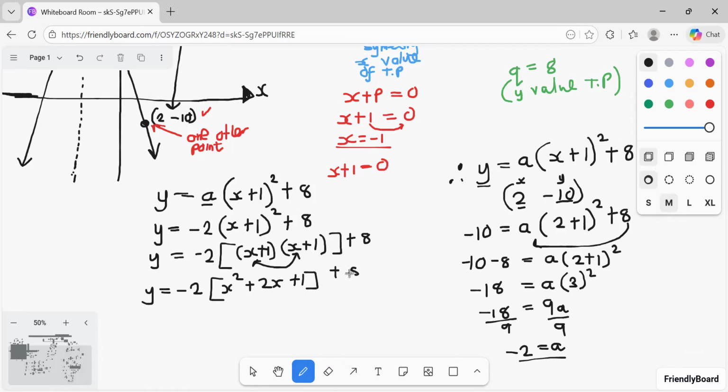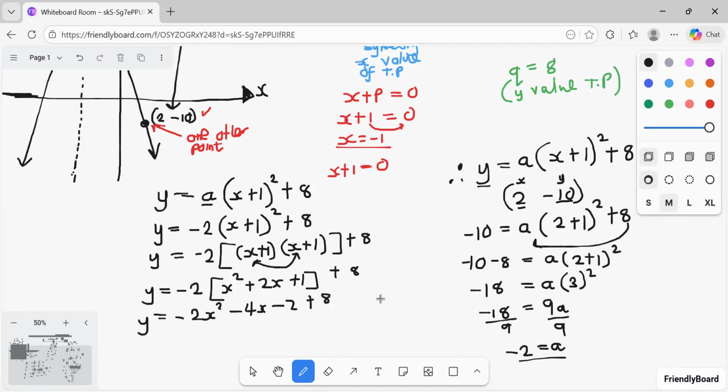Now I'm multiplying that bracket with the negative 2. So this becomes y is equal to negative 2x squared minus 4x minus 2, then plus 8.